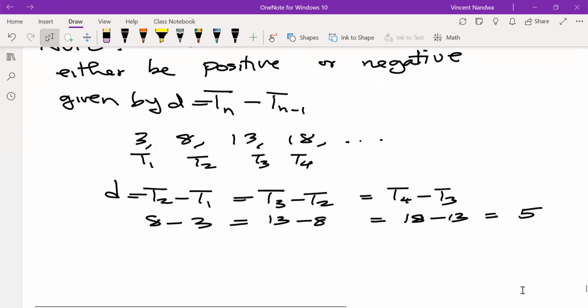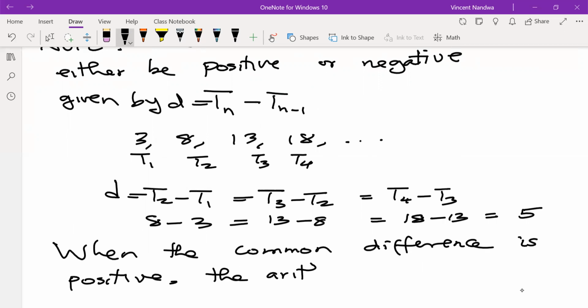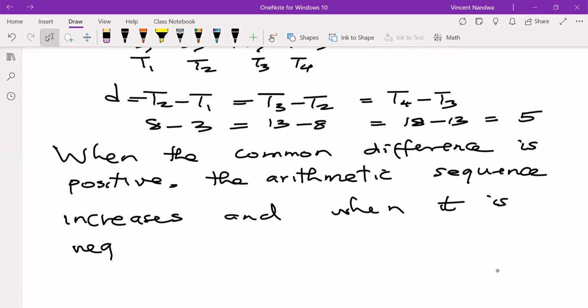Then when the common difference is positive, the arithmetic sequence is increasing, and when it's negative, the arithmetic sequence decreases.